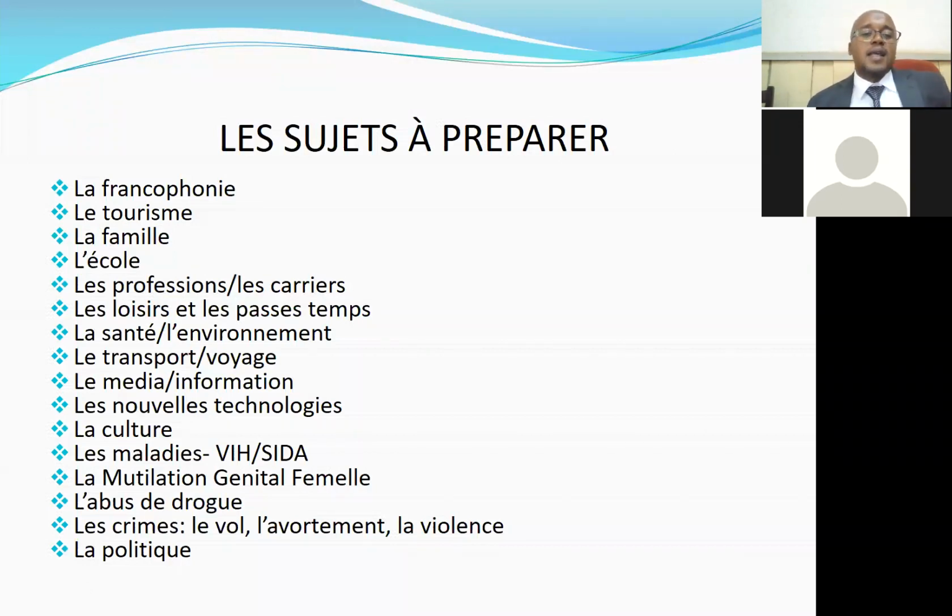Is it small? And then an interesting question. Quelle est votre famille idéale? What is your ideal family? La famille nombreuse ou bien la petite famille? At the same time, quel est votre époux idéal? Here you'll be asked your ideal wife, your ideal husband. It's part of family language. Then we have l'école.